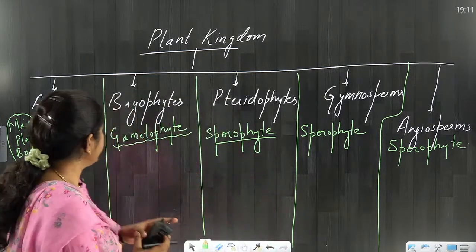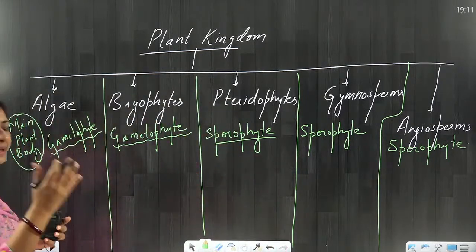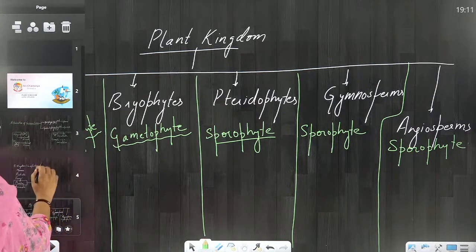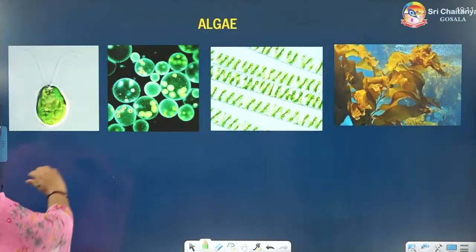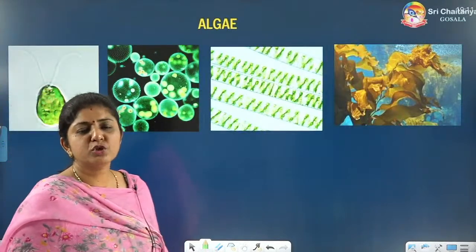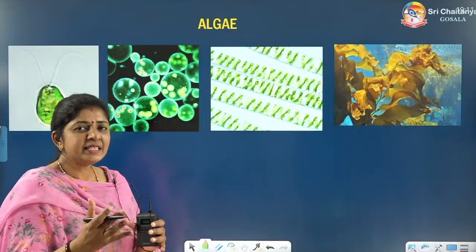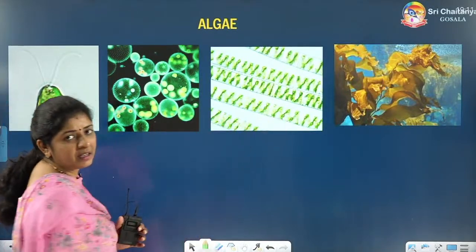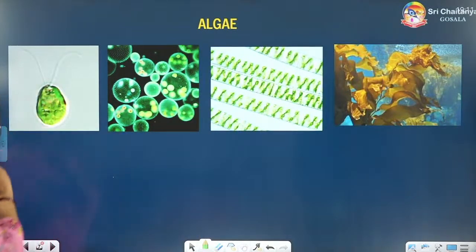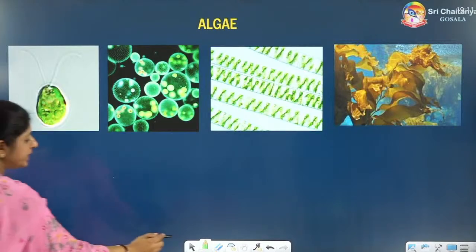Now if I take alga, if I show you some pictures of the alga, these are some examples. Can I say in the alga the gametophyte will be of variety. It can be unicellular. What is this unicellular one?